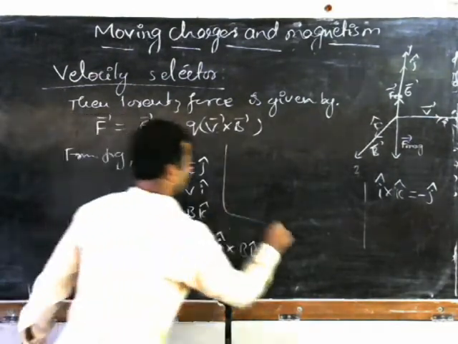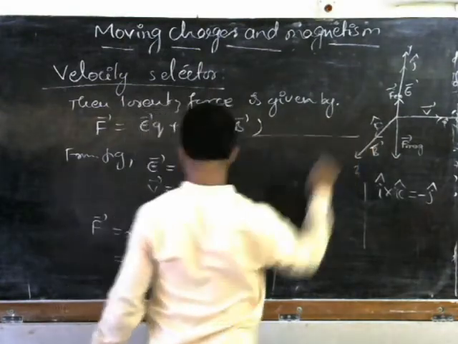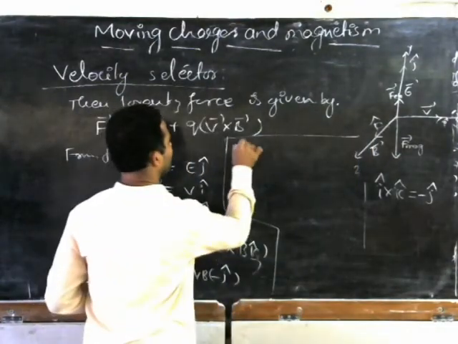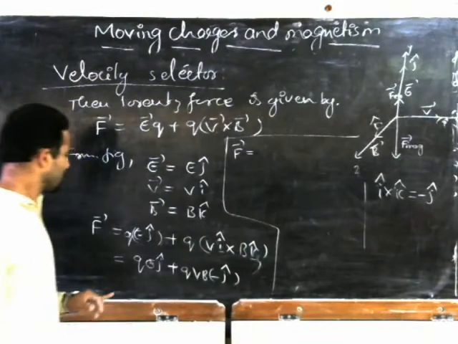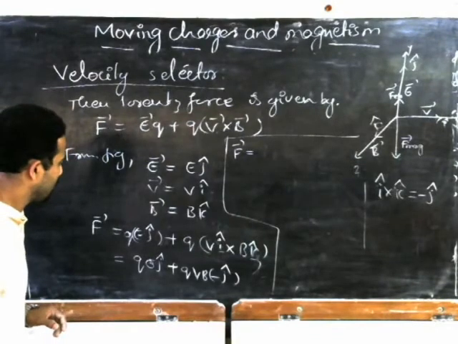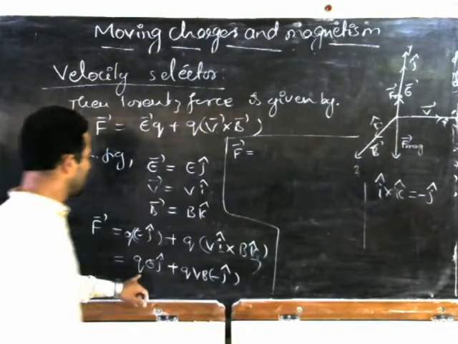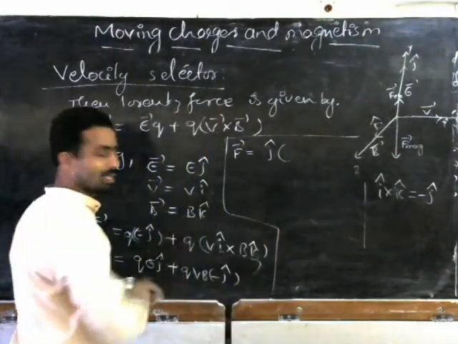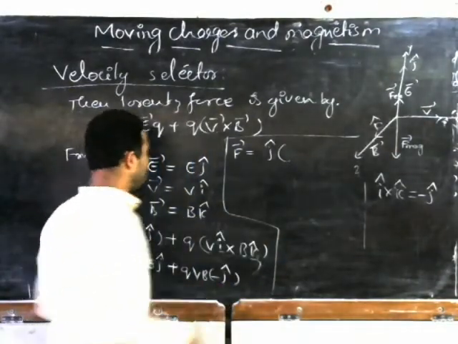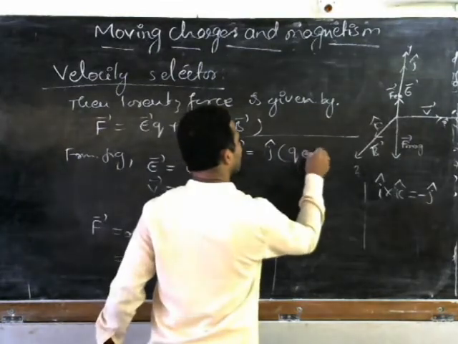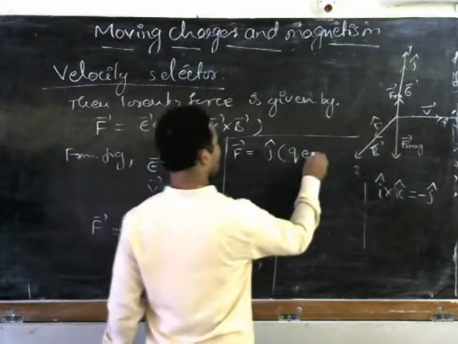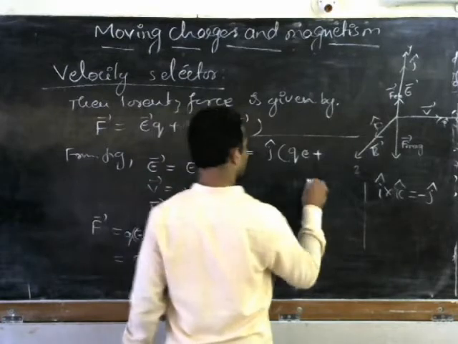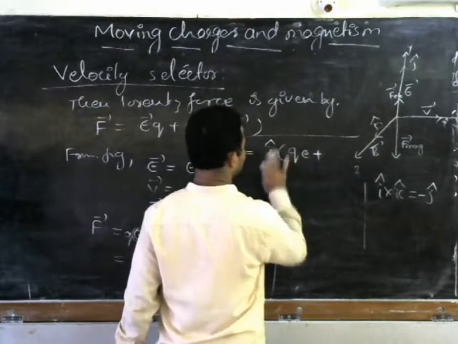So further you can write this as vector F is equal to j cap. Take the j cap outside because j is common here. qE plus, you can also take the q here.